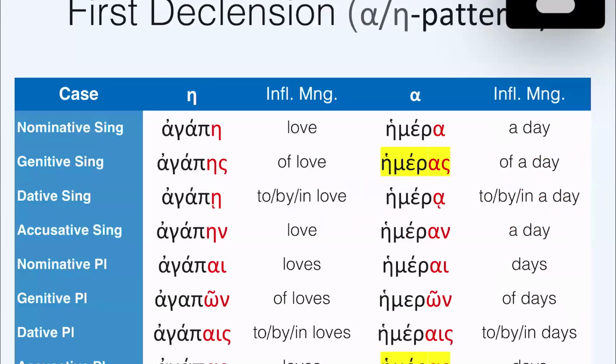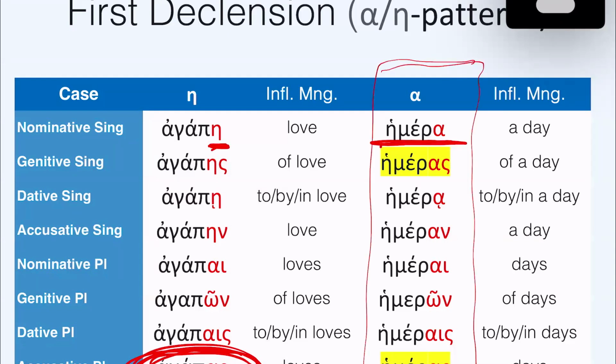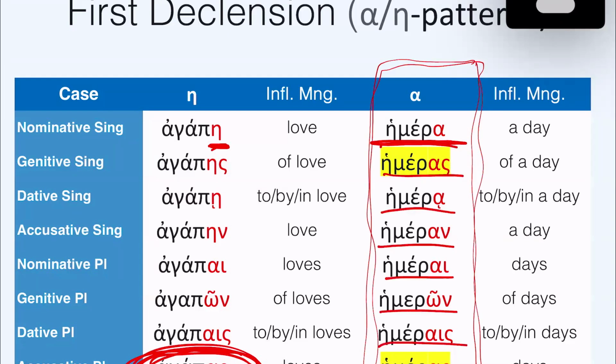Hemera, he. And so I can go through my first declension pattern, and we know that it can't be this one here, can't be this one, because in its lexical form it doesn't have an eta on the end. We know that hemera follows the alpha pattern. And so it's hemera, hemeras, hemera, hemeran, hemerai, hemeron, hemerais, hemeras.